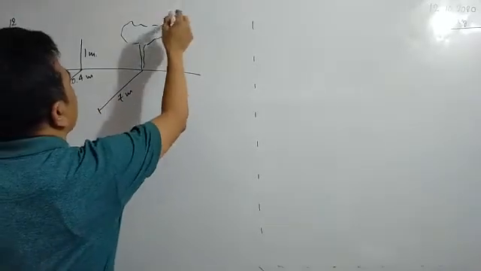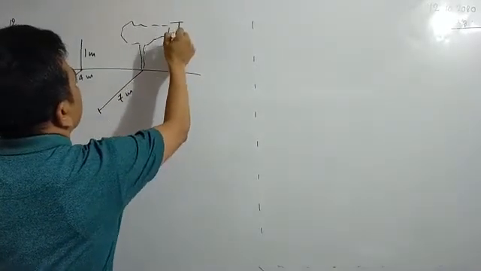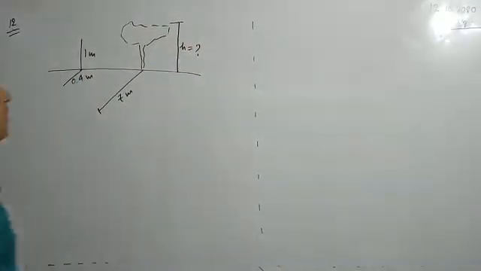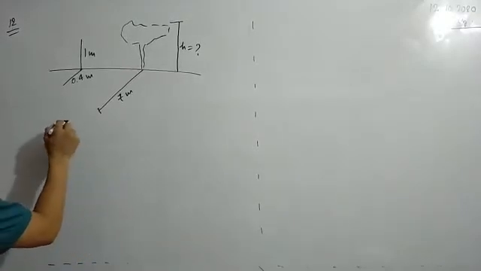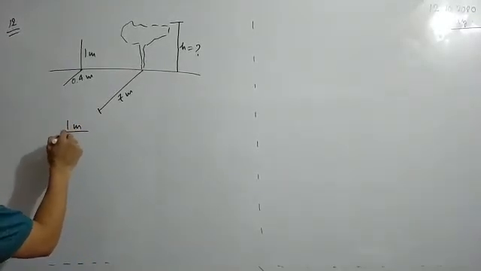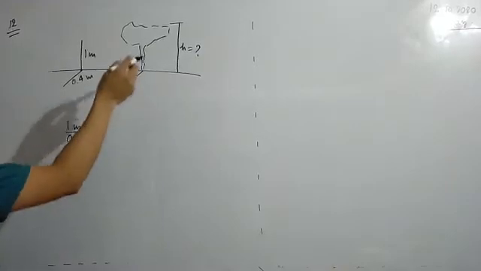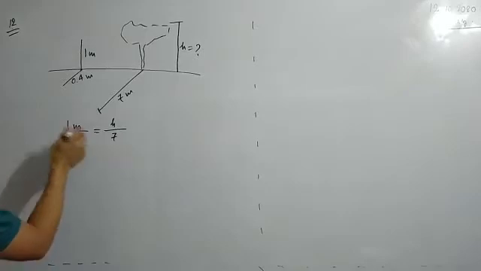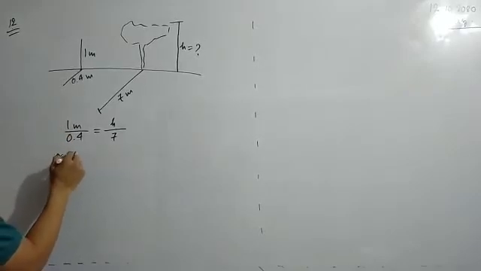So we have to find the height of this tree. It's very simple. You can take 1 meter divided by 0.4, and h divided by 7 meter. So easily you can find it out.